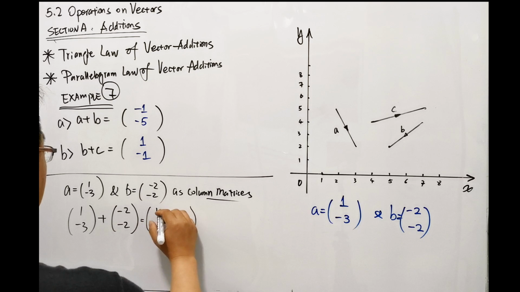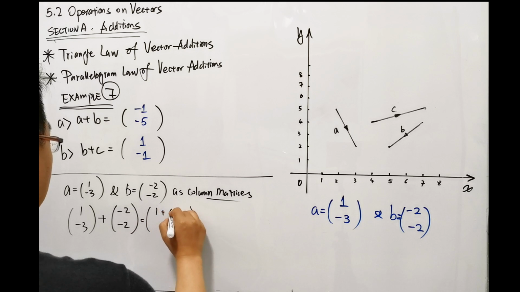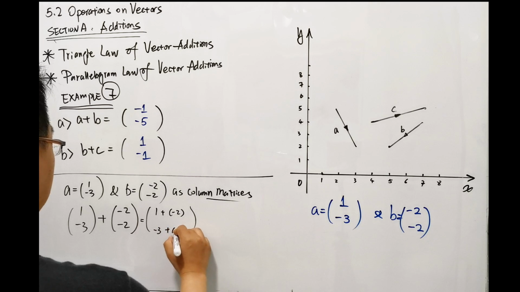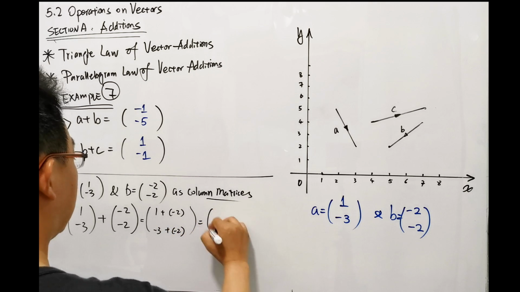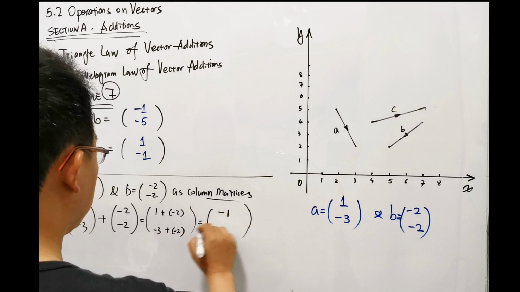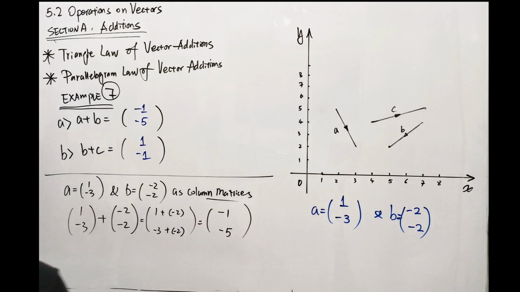So we have 1, minus 3 plus minus 2, minus 2, then we get 1 plus minus 2 and minus 3 plus minus 2. The result is minus 1 and minus 5.